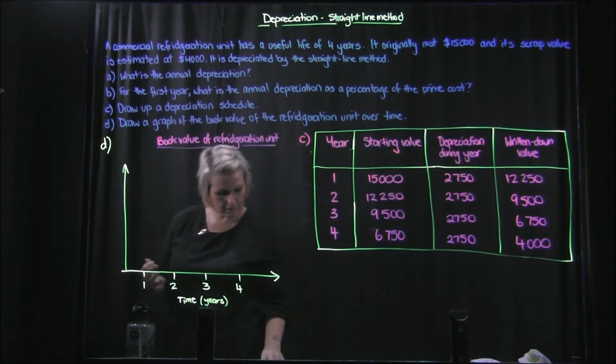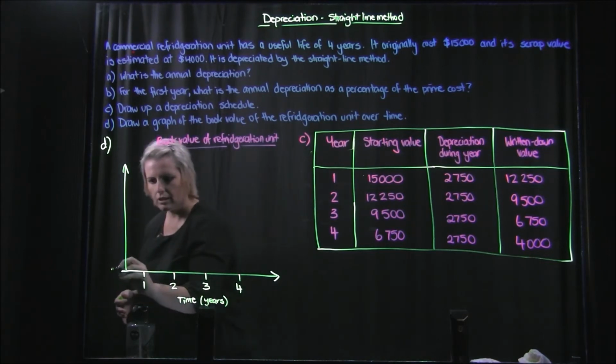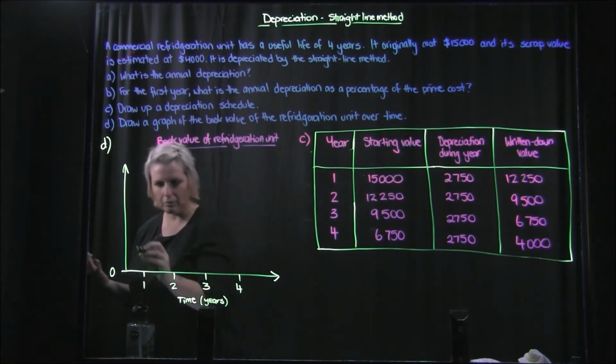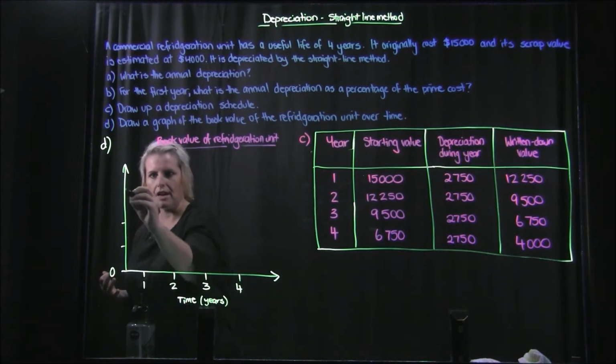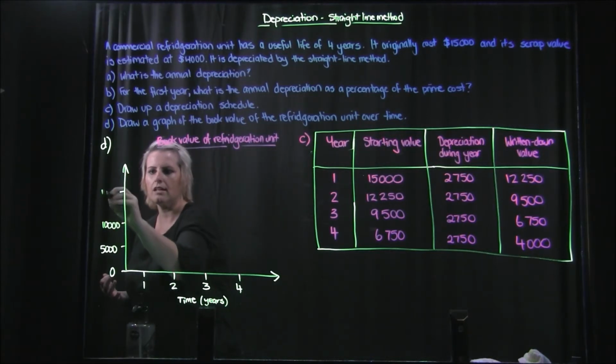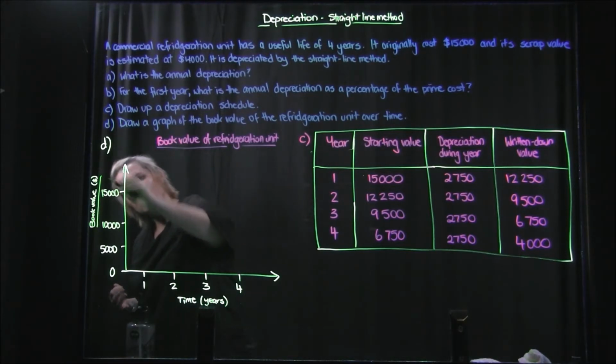So time in years. Then up this side, I'm going to have my book value. Let's start at 0, and then I'm going to go up 5,000, 10,000, 15,000. And again, not forgetting my title for my axes, book value in dollars, underline.